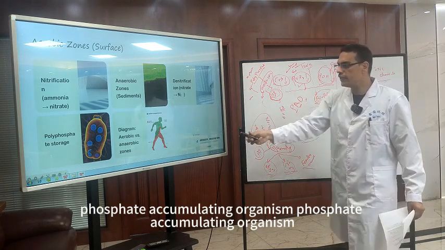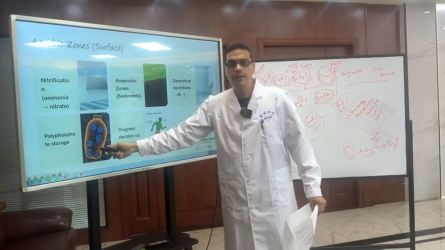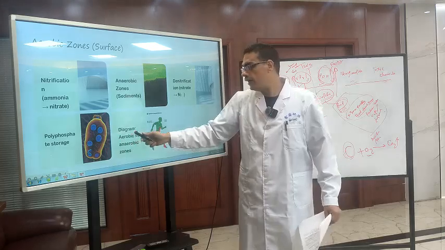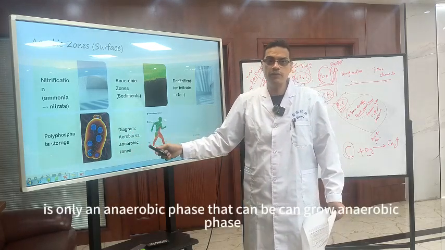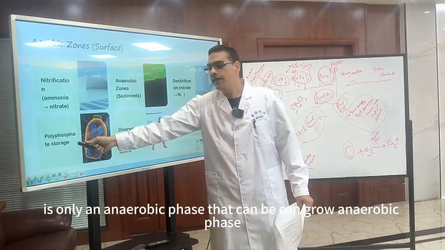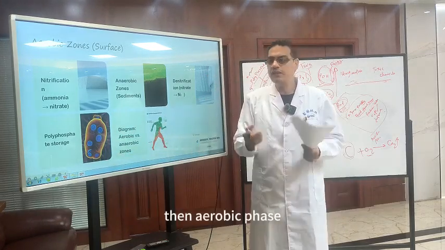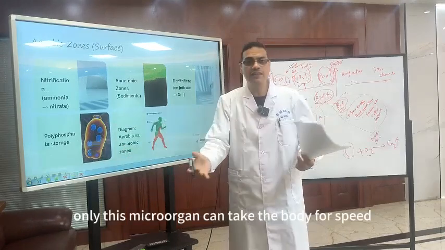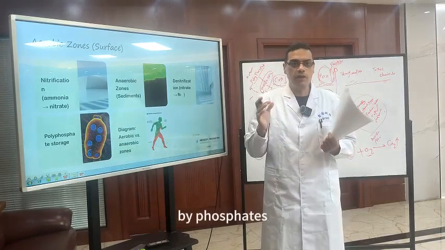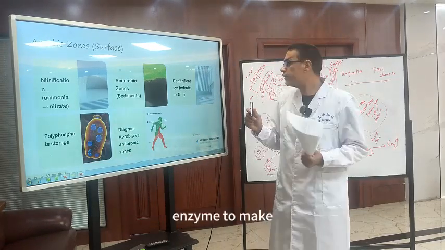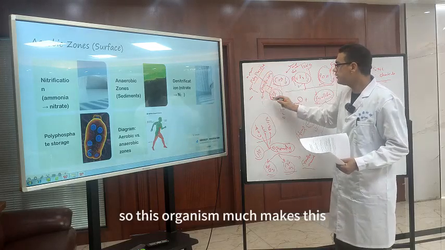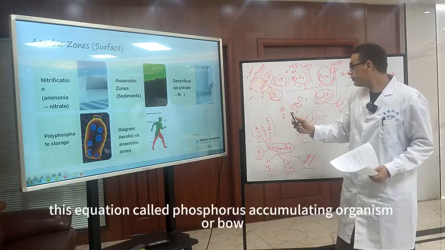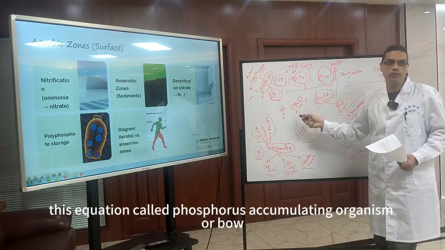Phosphorus accumulating organism, which is this one, works only in the anaerobic phase, and can grow in the anaerobic phase, then the aerobic phase. Only this microorganism can take the polyphosphate by the phosphatase enzyme to make orthophosphate. So this organism, which makes this equation, is called the phosphorus accumulating organism, or PAO.